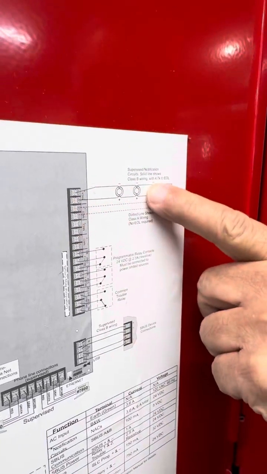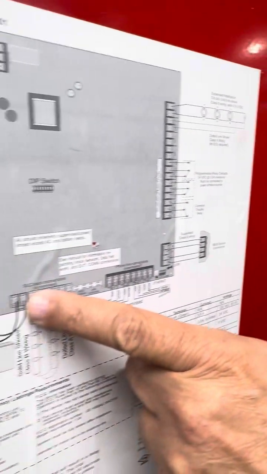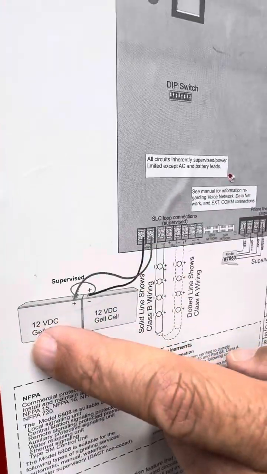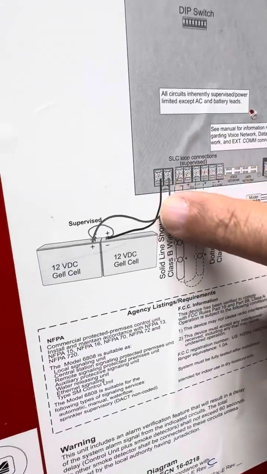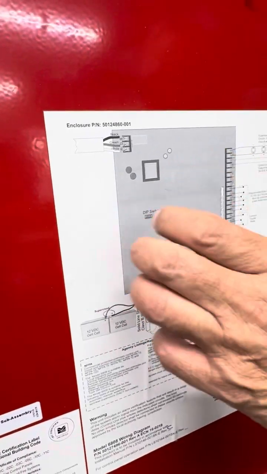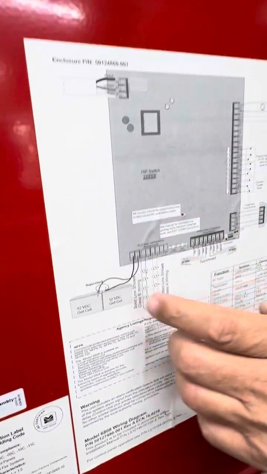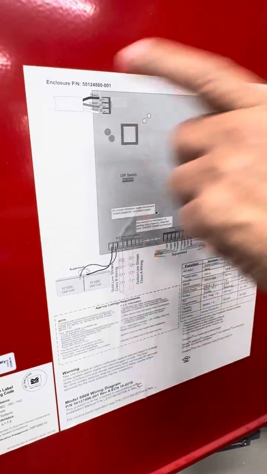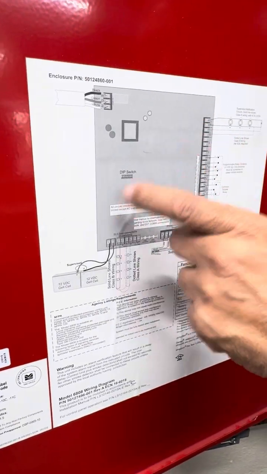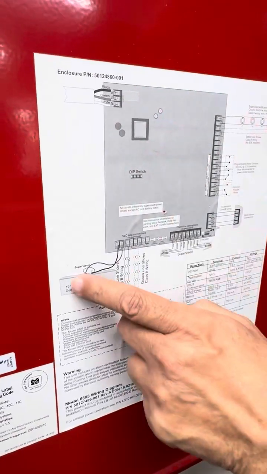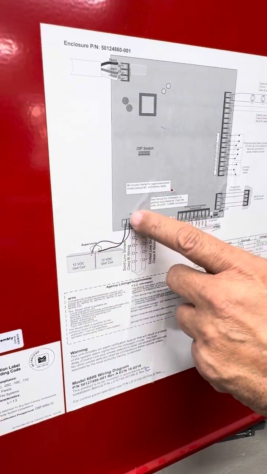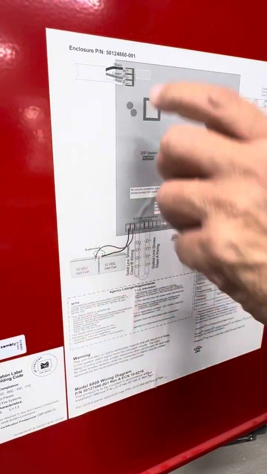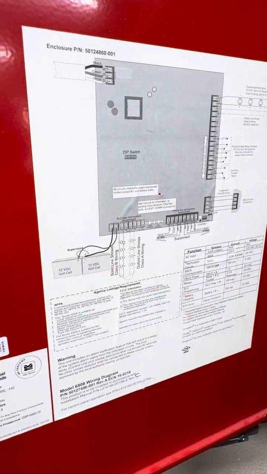In addition to this, as a backup, we have a set of two batteries to provide 24 volts, positive and negative, in case the commercial power, 120 volts AC, is not present. The fire alarm control panel will be working with the DC. Of course, the batteries should be connected, so when the power comes back, they will be recharged.